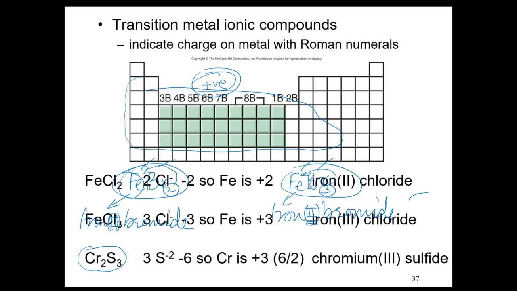Look, it is chromium, so you will write chromium. Now it is sulfur, so it becomes sulfide. But this chromium is a transition element, so you will write the charge in brackets. Here, this 3 is the charge of this chromium. So chromium 3 sulfide. Don't write this 2, because this 2 is the charge of this sulfur.